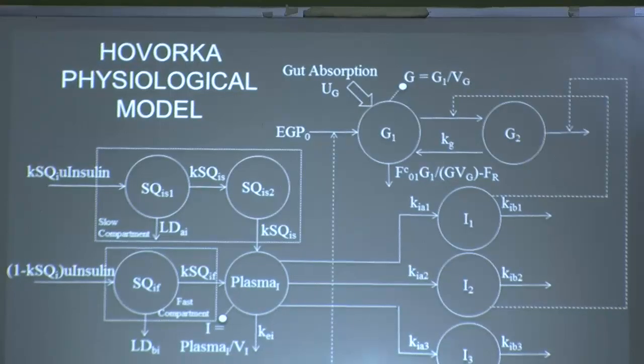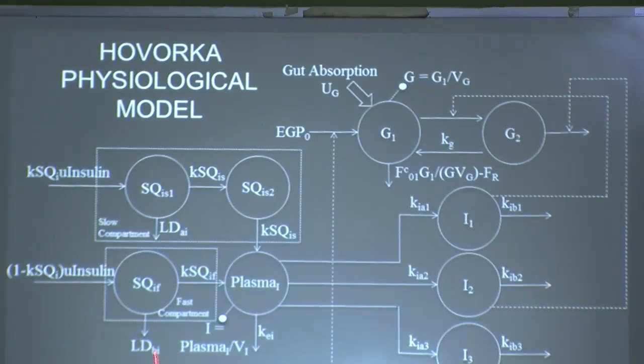And just a brief explanation of what you're actually seeing. G1 and G2 are glucose compartments. G1 is the accessible compartment, so that's where we actually get the glucose concentrations from. And then G2 is a non-accessible compartment. Here we have the slow subcutaneous compartment of insulin, and this describes the insulin's diffusion into the subcutaneous fat.